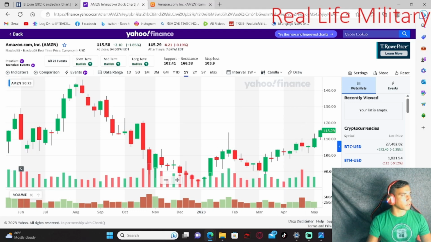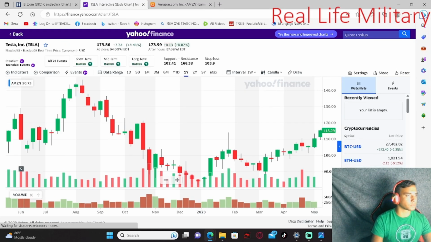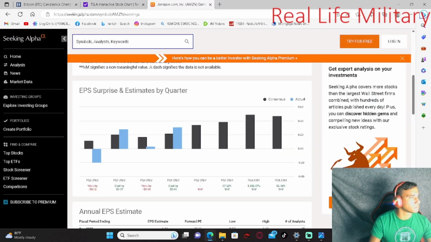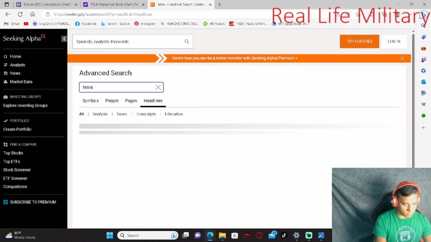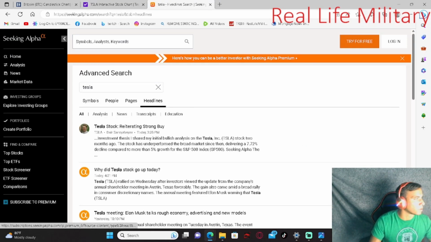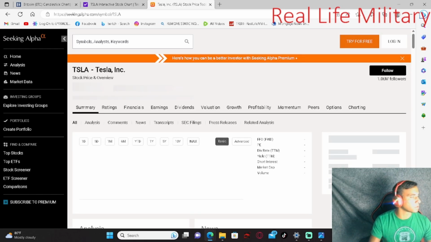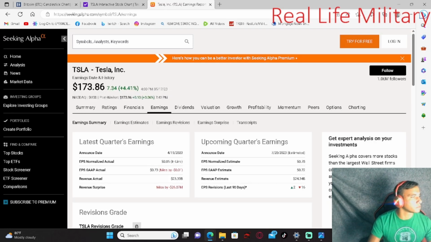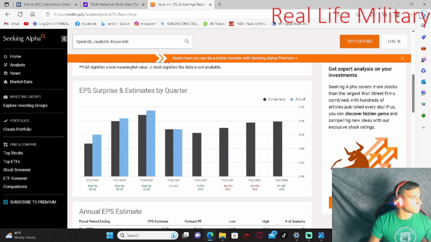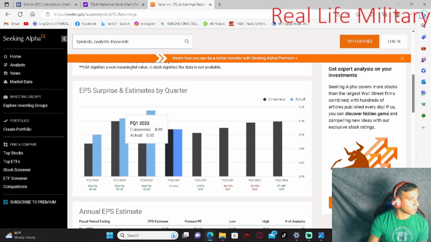Okay, so let's switch it over to Tesla. As you see, Tesla has great earnings from quarter 2 of last year all the way to present time, and they're estimating that next quarter is going to be good as well.